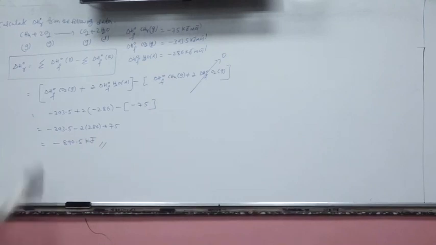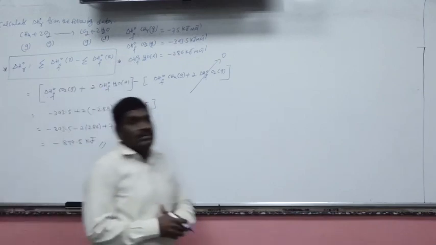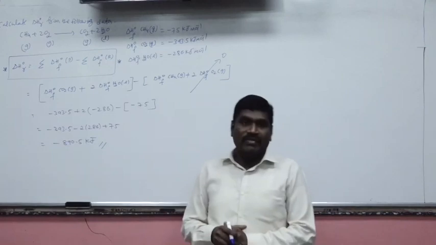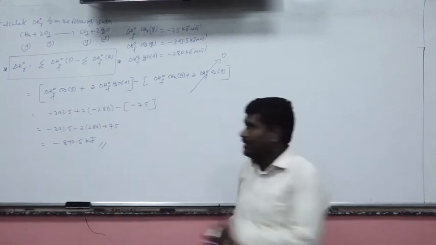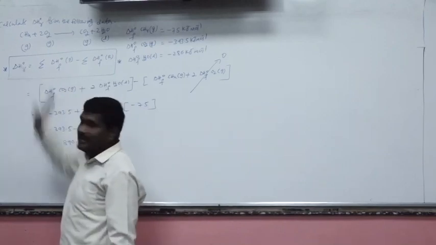So this is the important formula. Once again I am telling, this is the useful first formula in thermochemistry while we are calculating the enthalpy of a reaction when enthalpy of formation is given. Enthalpy of formation given to you, enthalpy of reaction to be calculated.